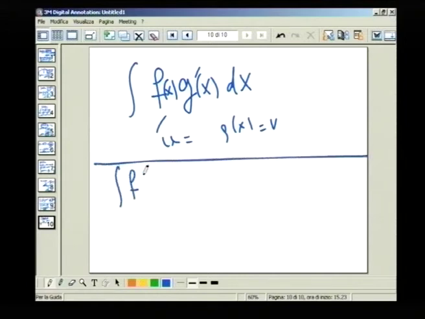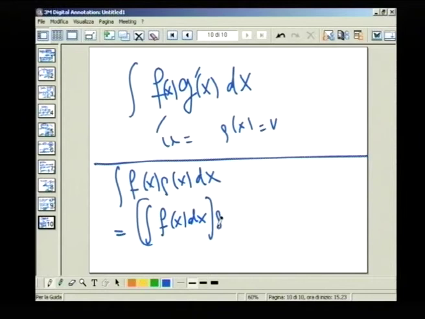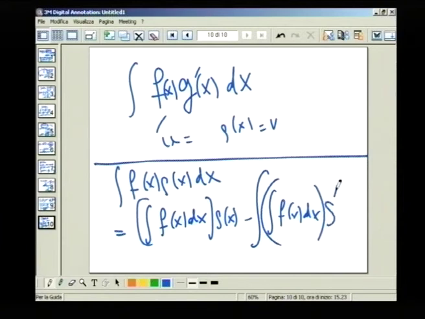You say the integral of f of x times g of x dx is equal to what? The integral of one, for example the integral of f of x dx, times the other one without change, minus the integral of the first one times the derivative of the second one.